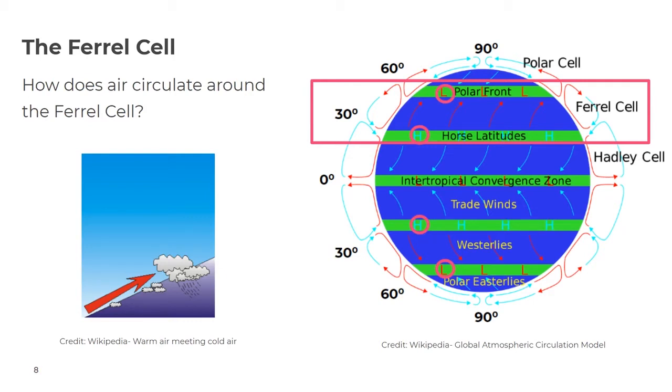And if there's a low pressure belt, that means we get higher levels of rainfall. This occurs because as the warmer air rises, it cools and condenses to form cloud, which then results in these higher levels of rain. As the air reaches the top of the troposphere, some of the air moves back towards the equator, but some of it moves towards the poles to join the polar cell that we will review in just a moment.